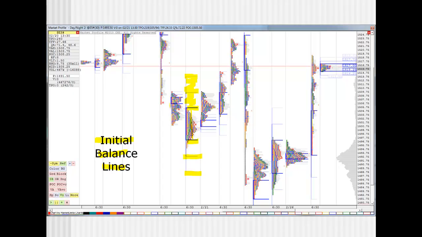Usually the evening session initial balance, that first hour, is a very narrow, tight range, as you can see here, and as you can see here again. If you look at the actual day sessions, you will see a very different picture where, in fact, the initial balances will be more expanded, they'll have more range to them, and they will be key reference points for the market, as you will begin to see.